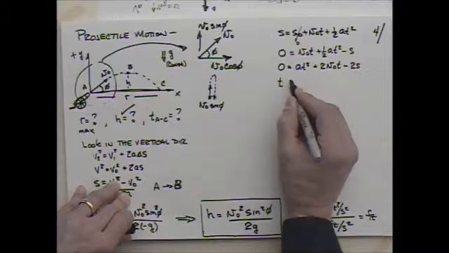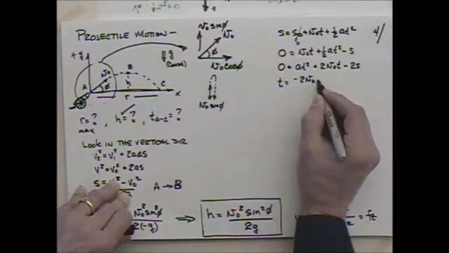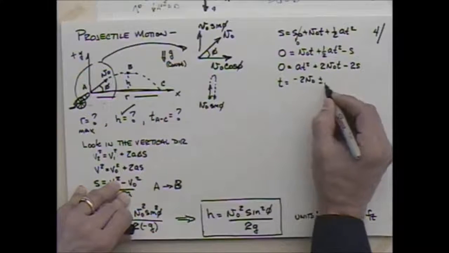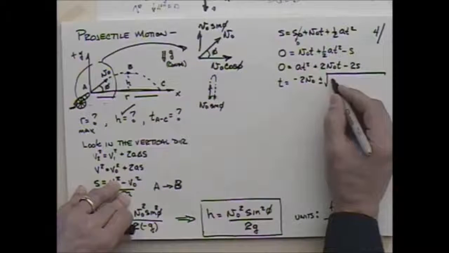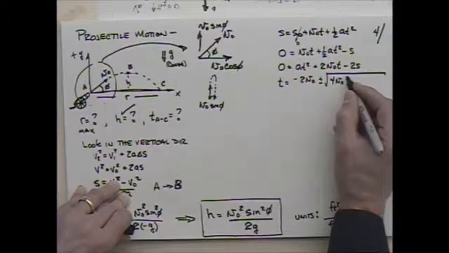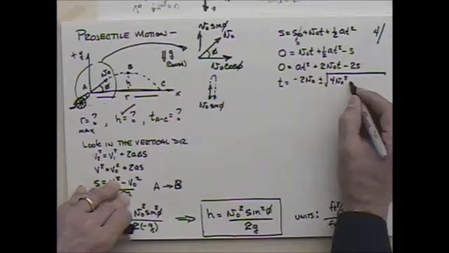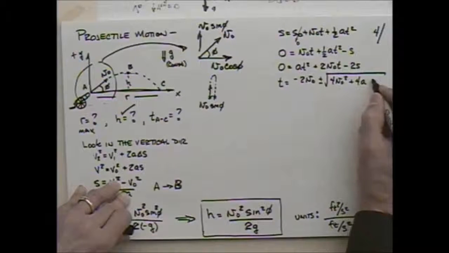So we could say that the time was equal to minus b, so that would be a minus 2 times v naught, plus or minus the square root of 2 squared, which is 4 v naught squared. And then I'm going to have minus ac, so this will end up being positive 4a times 2s.